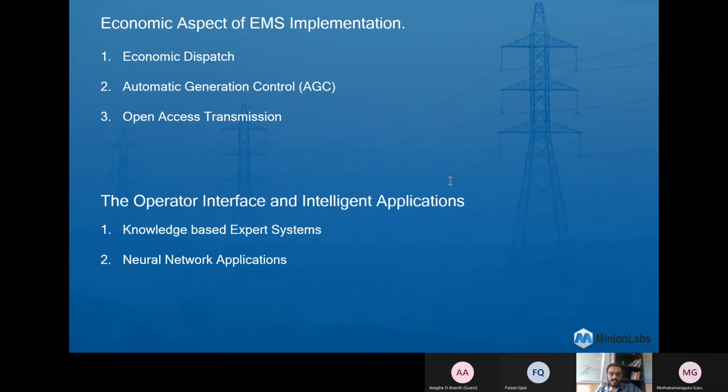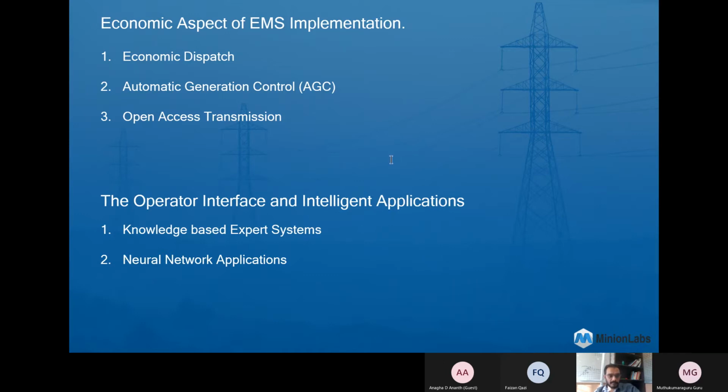The control of generation is done as a supplementary control to basic governor controls on the generators themselves, which work to maintain system frequency by raising and lowering the energy into the prime mover of the generator. This supplementary control is known as automatic generation control, or AGC.